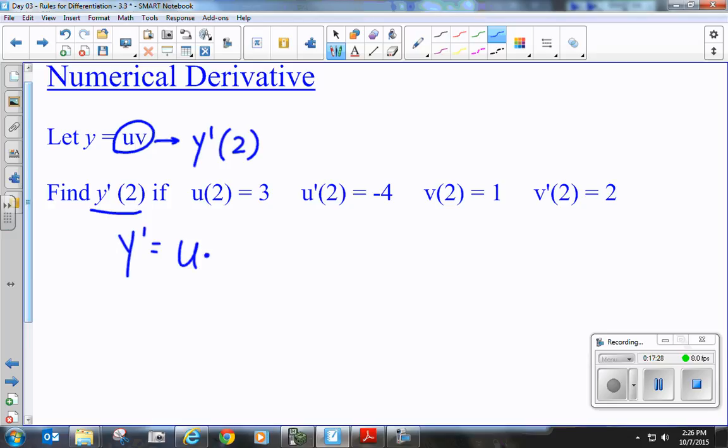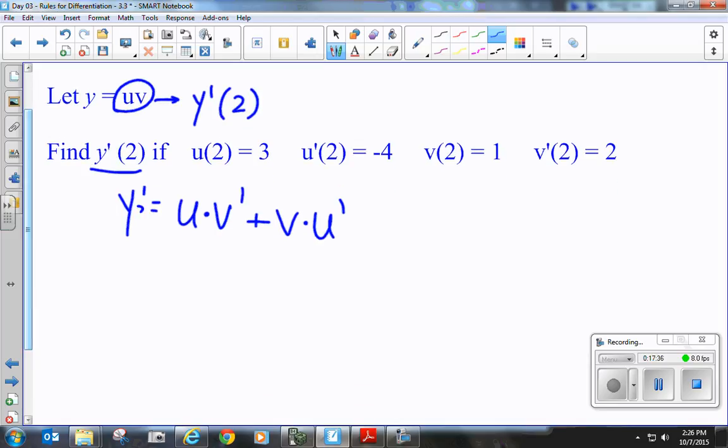U times V prime plus V times U prime. And again, if this is y of 2, guess what? This is U of 2, this is V prime of 2, this is V of 2, and U prime of 2. Because they want to find y prime of 2.